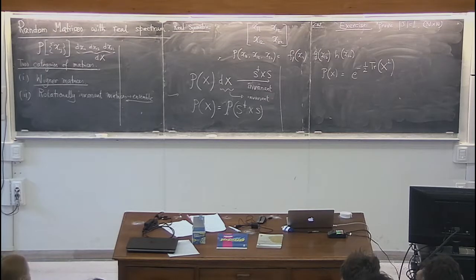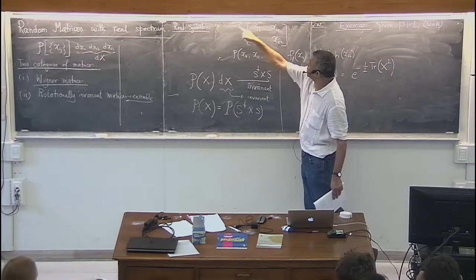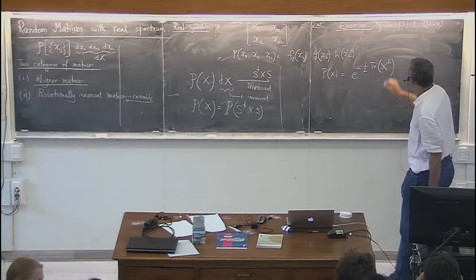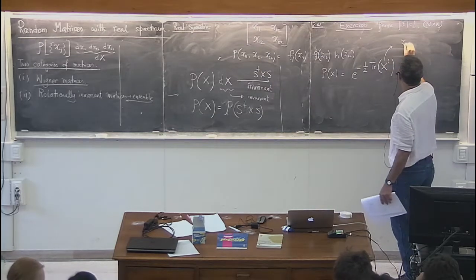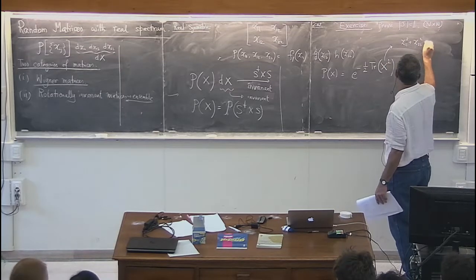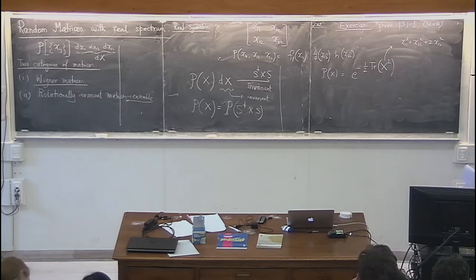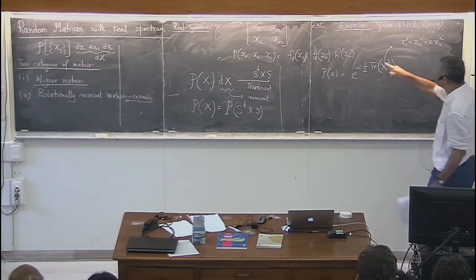Trace of x square means you just take this matrix, square it, and then take the trace, right? So for 2 by 2, this will be x11 square plus x22 square plus 2 x12 square. Okay, so just Gaussian basically, but with these two here, so that it's written in trace.